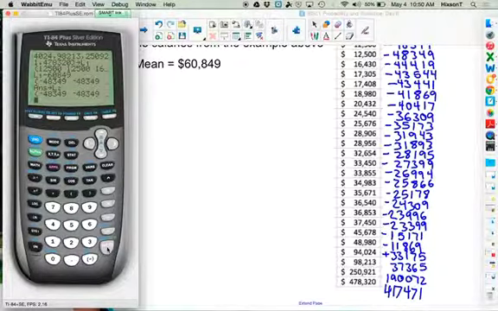We want to square it. So let's just do that squared. Just hit the square key, and it will square every element in the list. Obviously it's going off the screen, so let's store that in list 3.